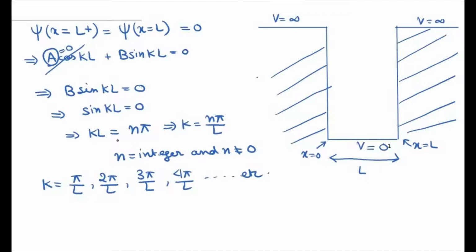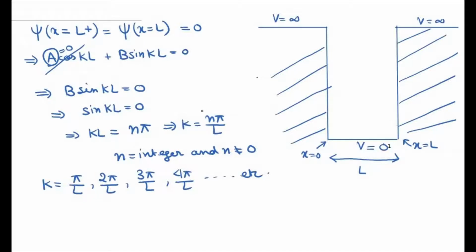As I have stated earlier, in quantum mechanics, this quantization, or parameters only taking discrete values, comes from the fact that we have to satisfy boundary conditions. For a free electron there was no boundary condition, so k could assume continuous values.